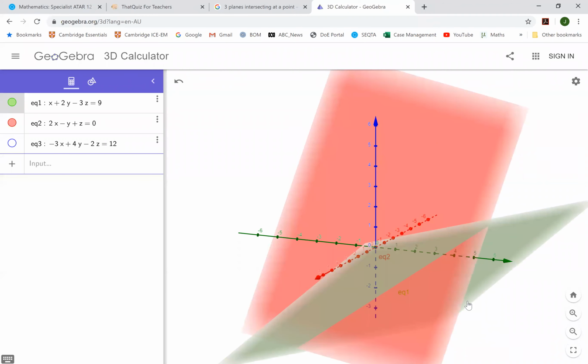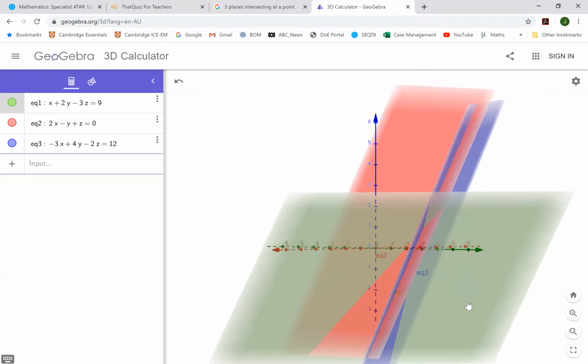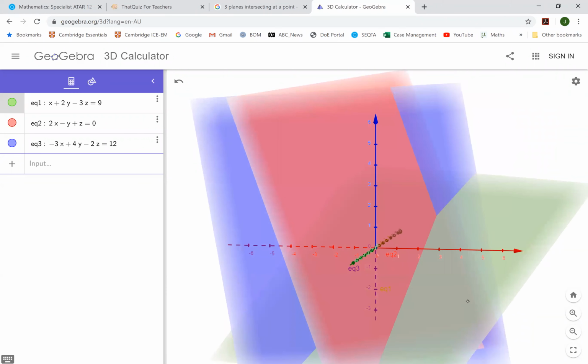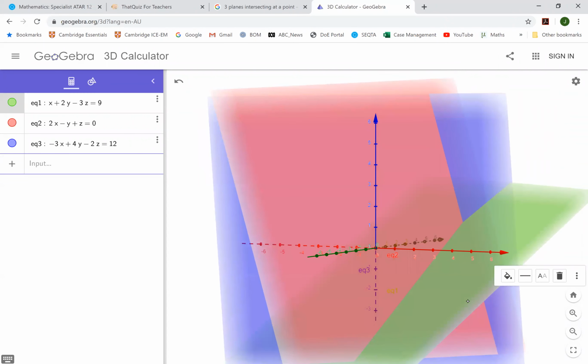Here is a second plane, and here is a third plane. And we can see there's probably a point somewhere around here where they all intersect. And we want to find, well, what is that x, y, z coordinate? So that's essentially what we're doing.